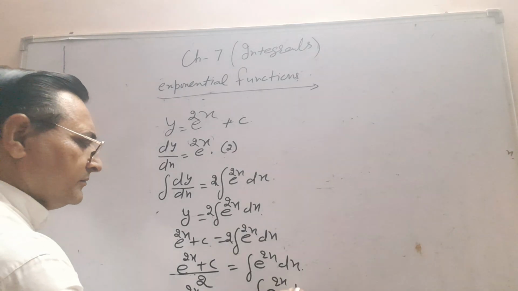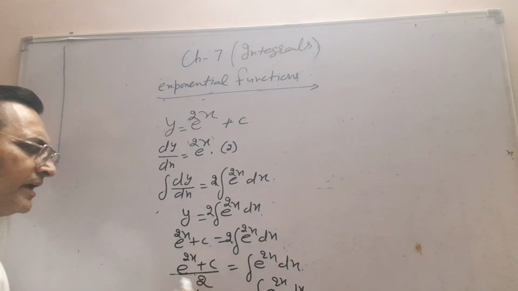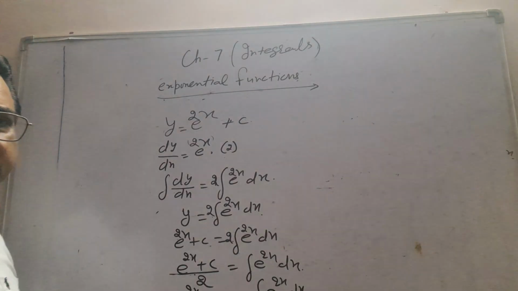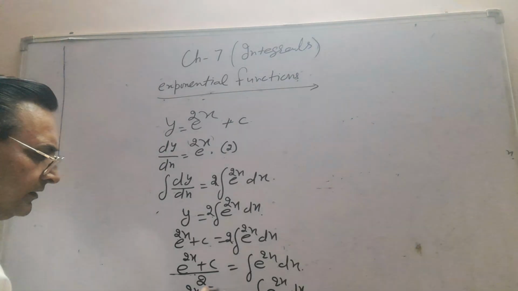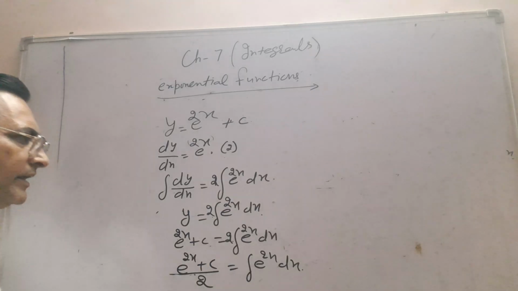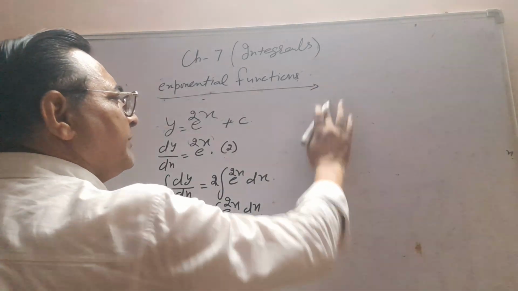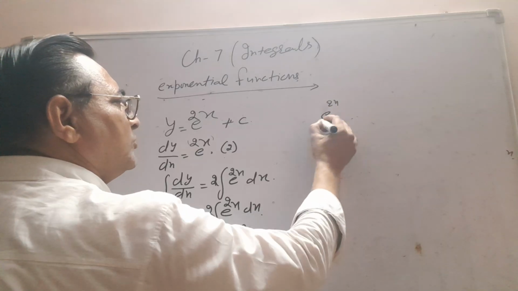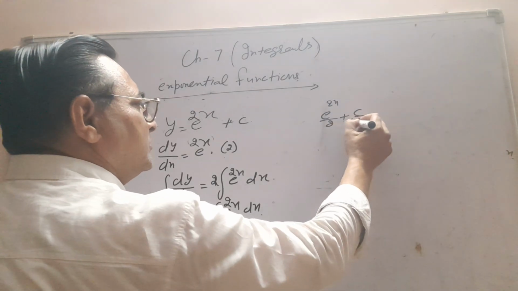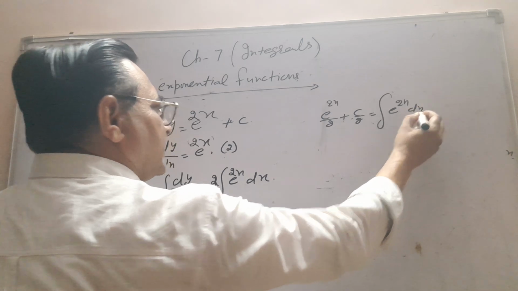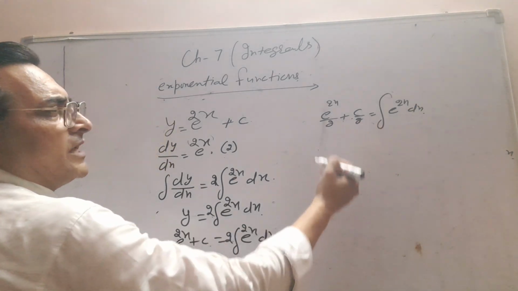If you are writing it like this, it is also correct. But if you are separating it, this is e power 2x by 2 plus c by 2. C is constant, 2 is also constant.